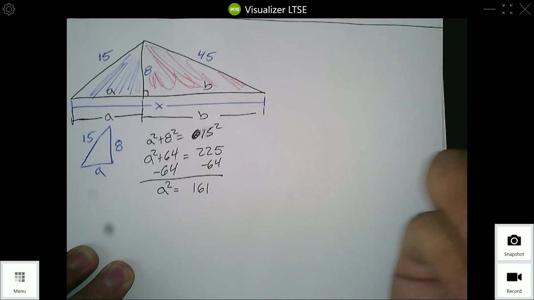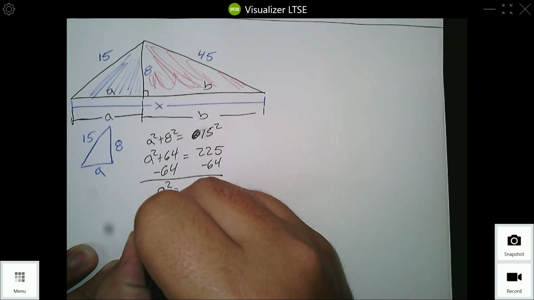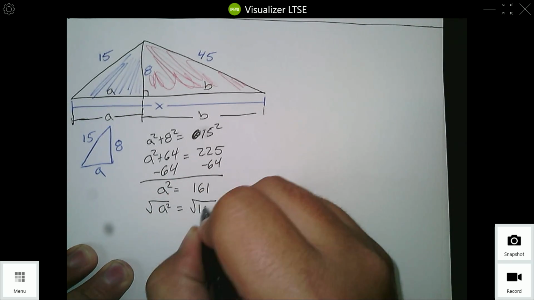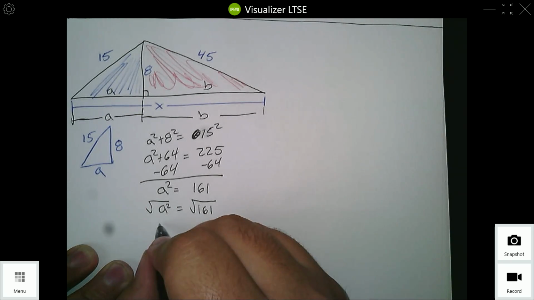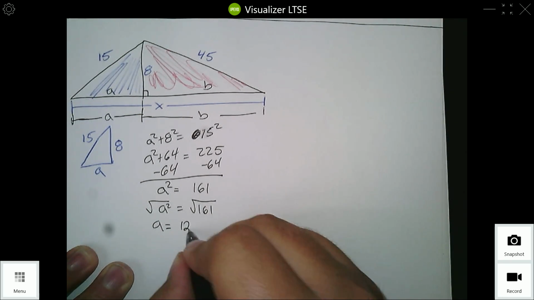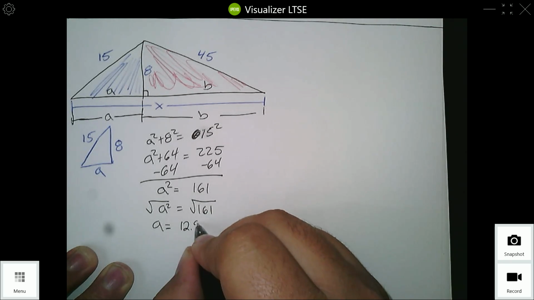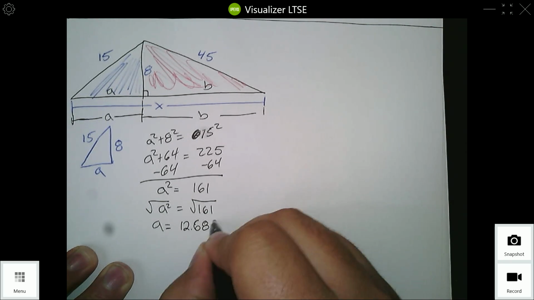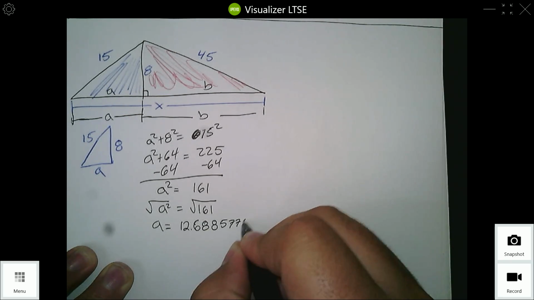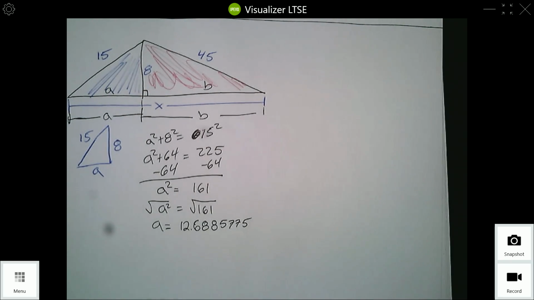Now once again we need to solve for A, so we take the square root of both sides. That leaves us with a value for A of 12.6885775.